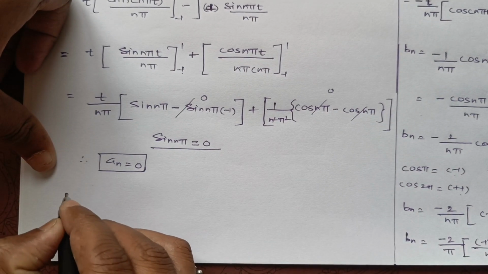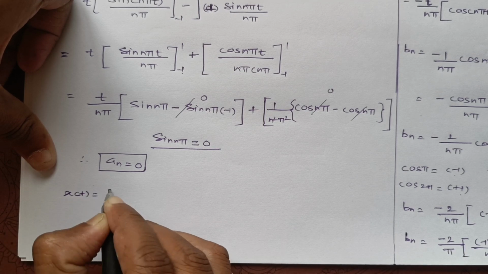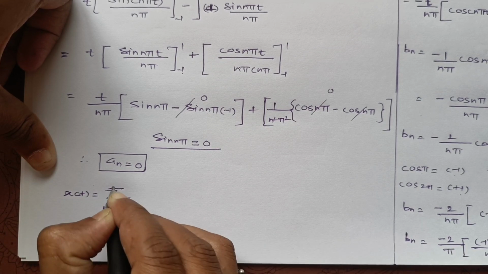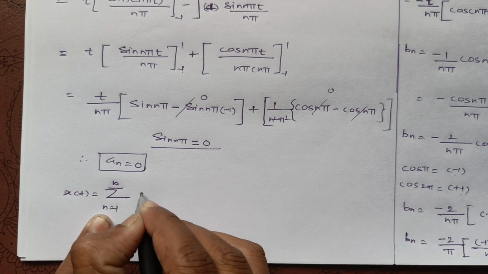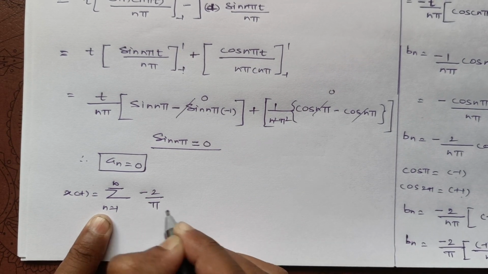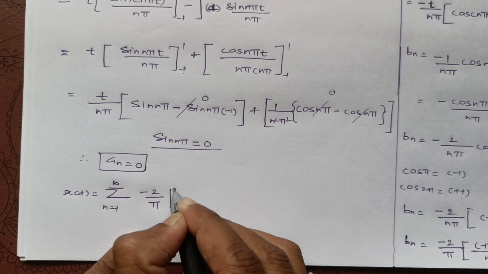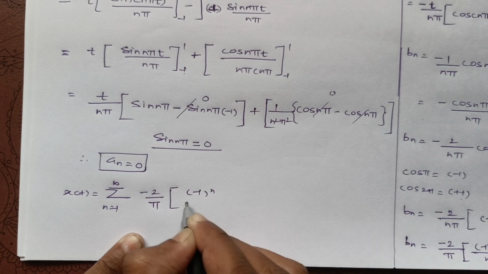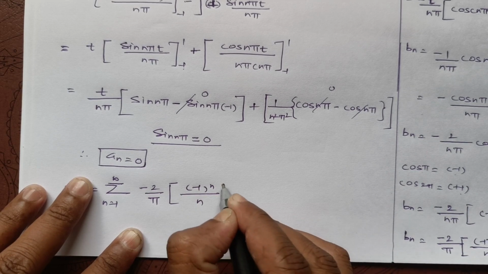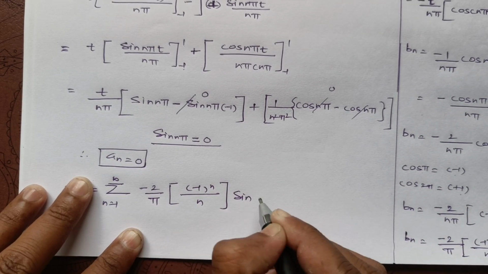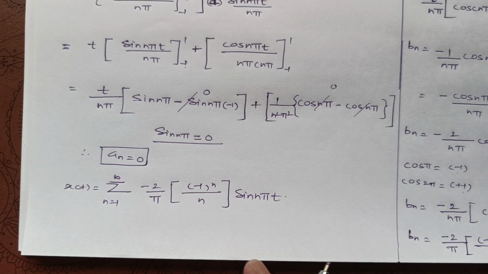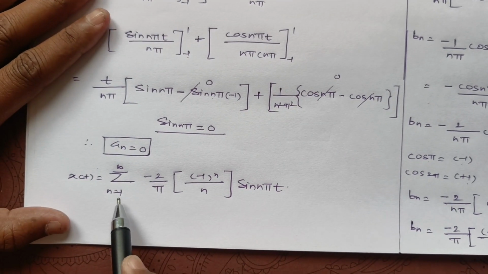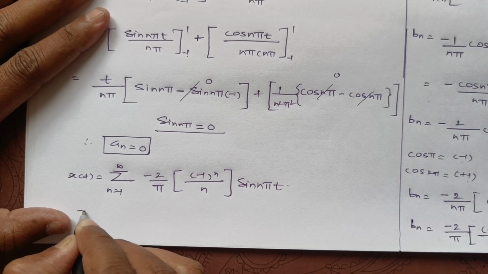So we'll write x of t is equal to summation n equal to 1 to infinity of bn, that is -2 by pi into minus 1 raised to n divided by n, multiplied with sin of n pi t. Now if we expand this, starting by putting the values 1 up to infinity, this equation holds.